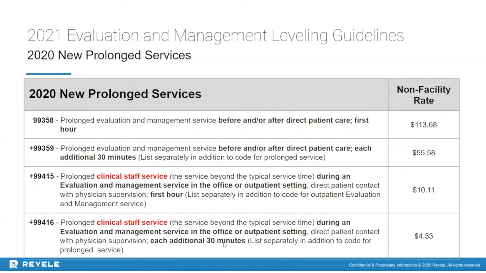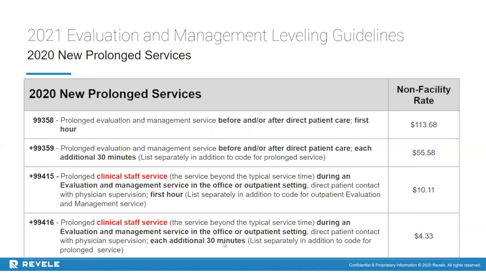Here we have the 99358. I'm sorry, that's supposed to be an add-on code. And 99359. These are for before and or after direct patient care for the first hour and each additional 30 minutes.